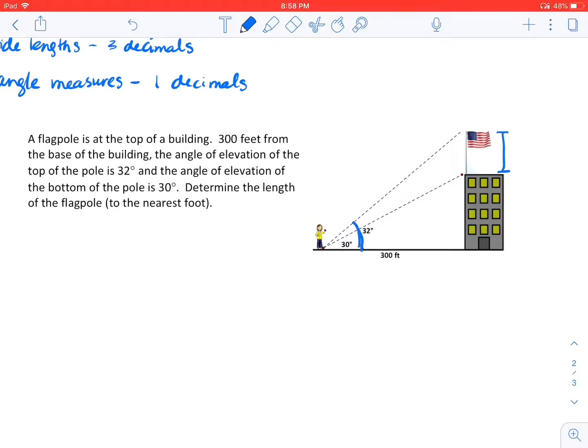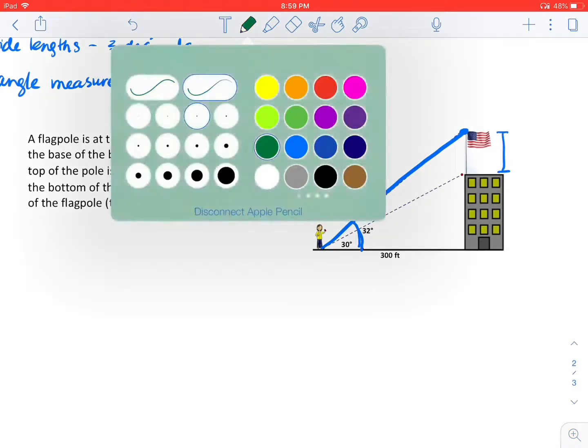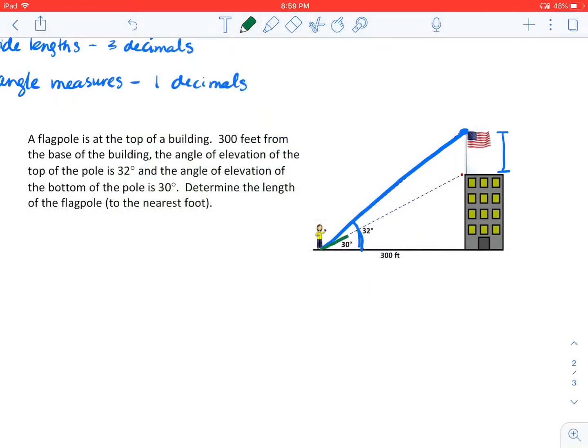That's this whole angle here. And the angle of elevation to the bottom of the pole is 30 degrees. That's this one here. Determine the length of the flagpole.